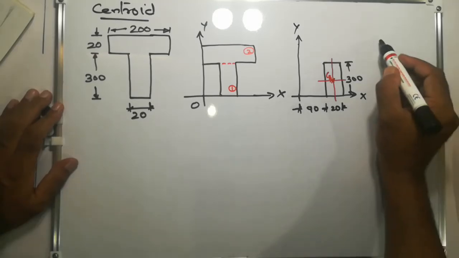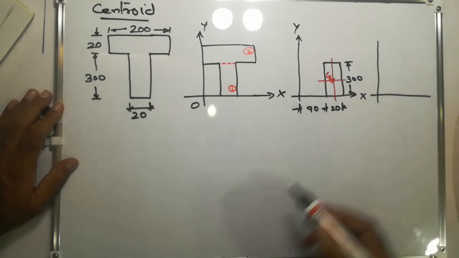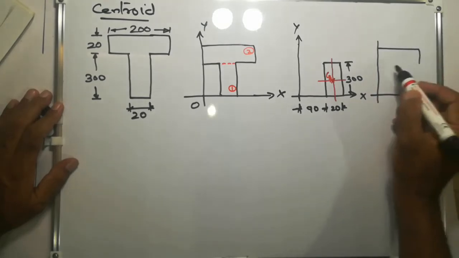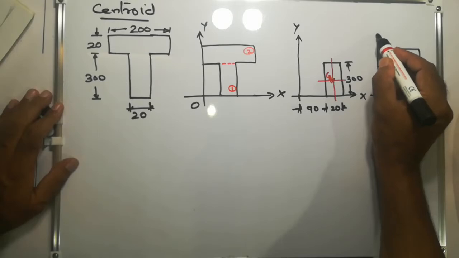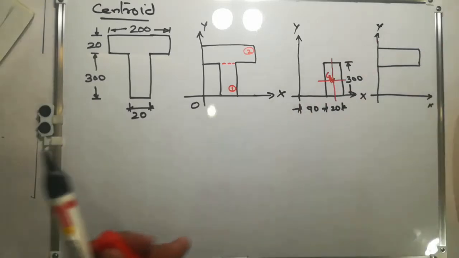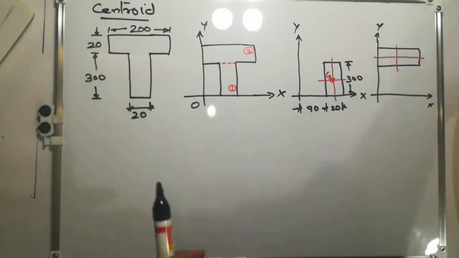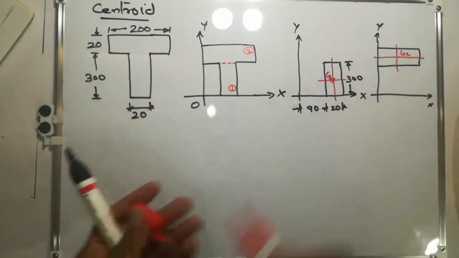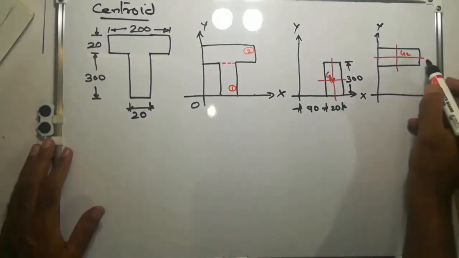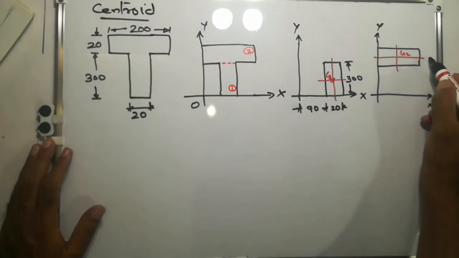Okay. Similarly, for the second rectangle, this is the second rectangle shape. So its own centroid will be like this, say G2. Okay, so how do we find the centroidal distance from this reference axis? So what will be this distance?